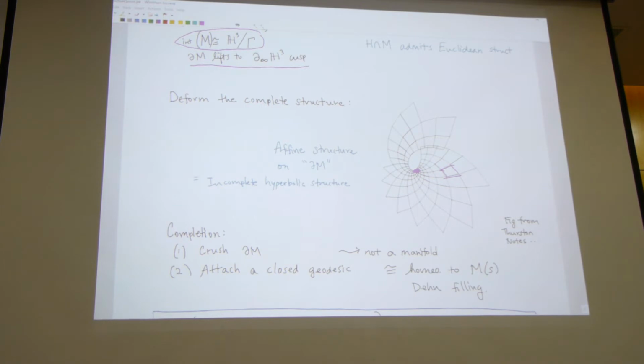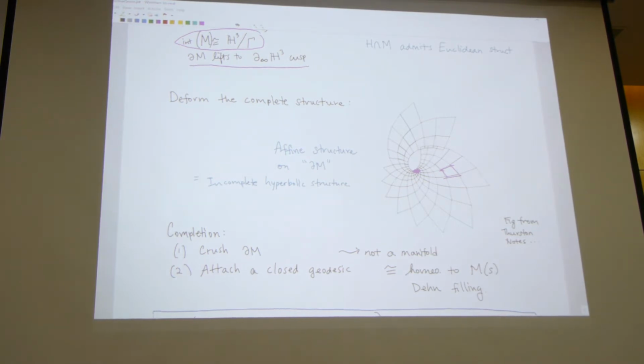The fundamental group of the manifold is going to be acting on this stack, and this pink point that I've drawn here is going to be identified to other points. So if the point is identified to a dense set on this stack of horospheres, then when you take the completion, topologically you're crushing a dense set of points on the boundary to a single point. And this ends up not being a manifold. So this is case one in the completion.